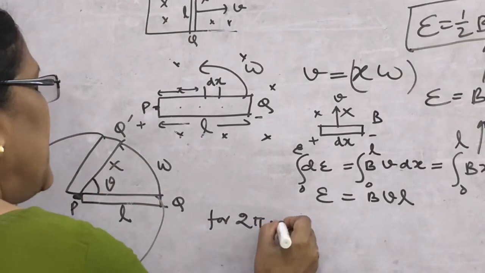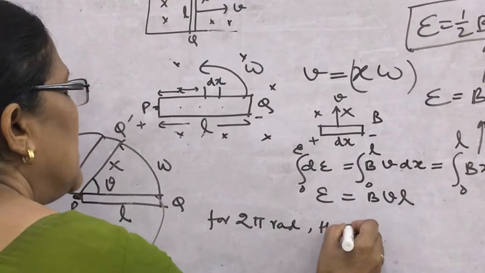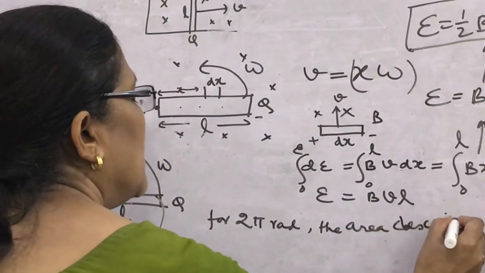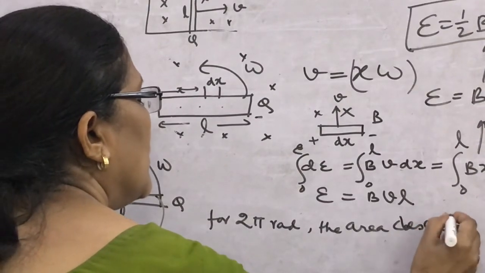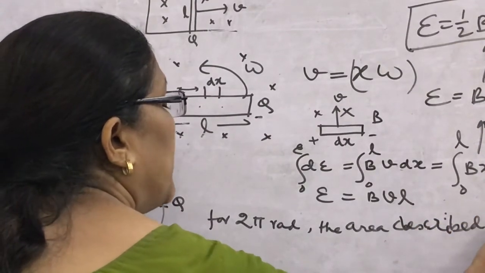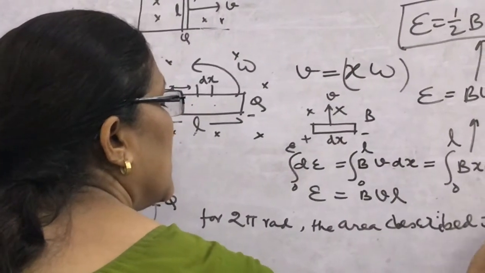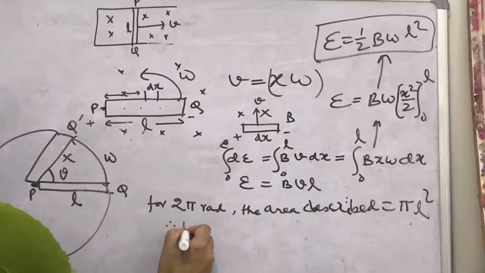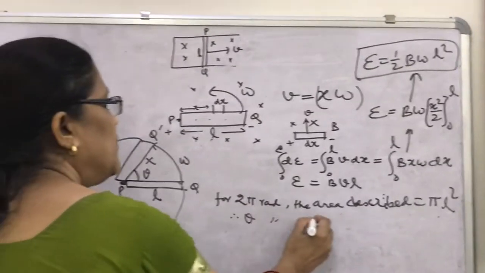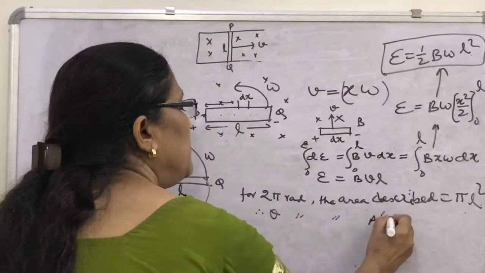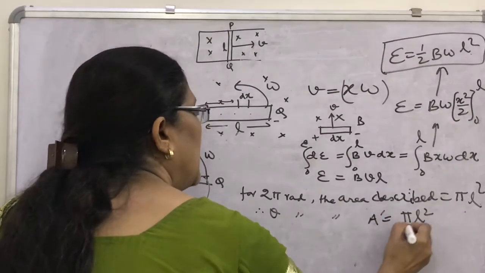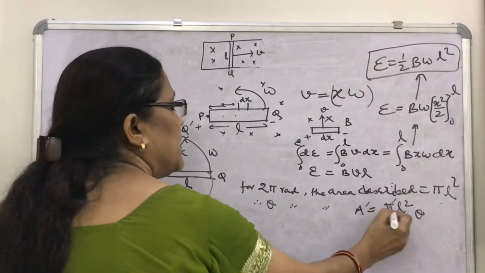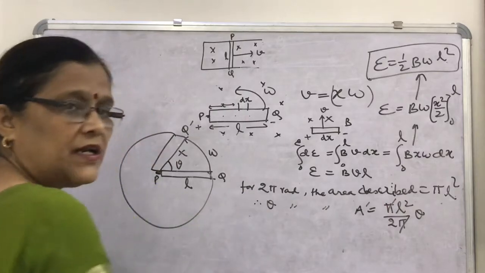So for 2 pi radian, the area covered or described by the rod is equal to pi L square, where L is this. Therefore for theta rotation, what will you find? This area will become pi L square upon 2 pi into theta. What will you get here? This half L square theta.